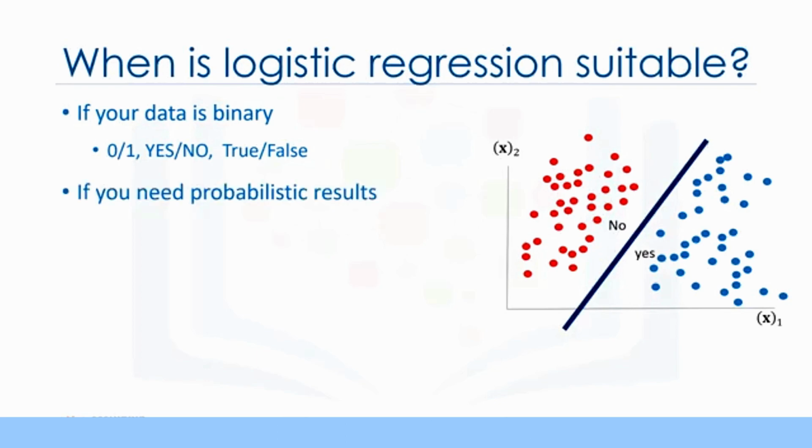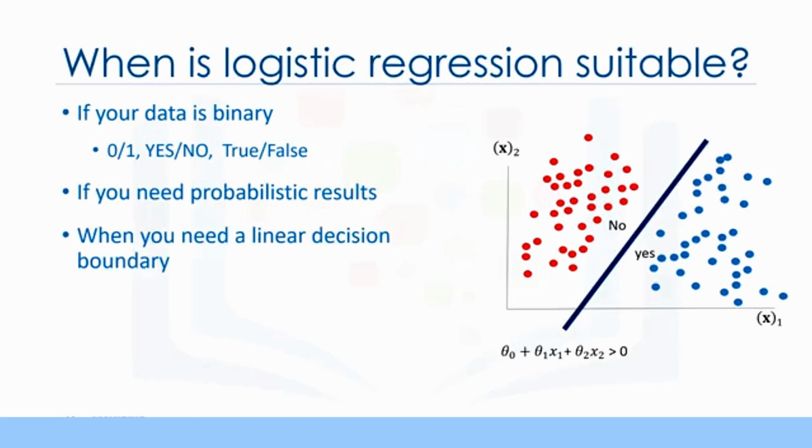Second, you need the probability of your prediction. For example, if you want to know what the probability is of a customer buying a product. Logistic regression returns a probability score between 0 and 1 for a given sample of data. In fact, logistic regression predicts the probability of that sample, and we map the cases to a discrete class based on that probability. Third, if your data is linearly separable.